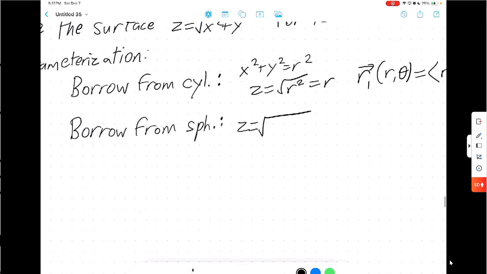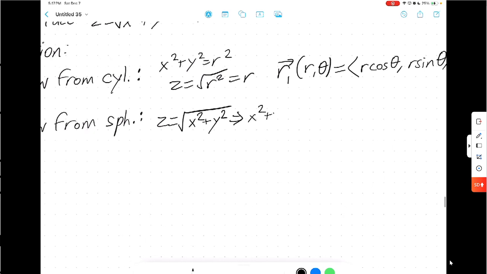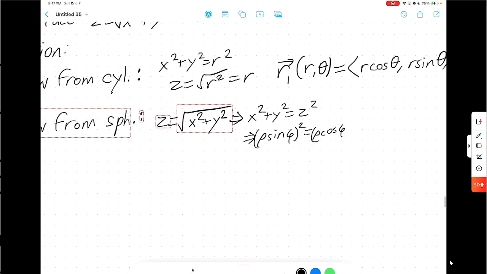Oh yeah, I can just do this. z is equal to the square root of x squared plus y squared.